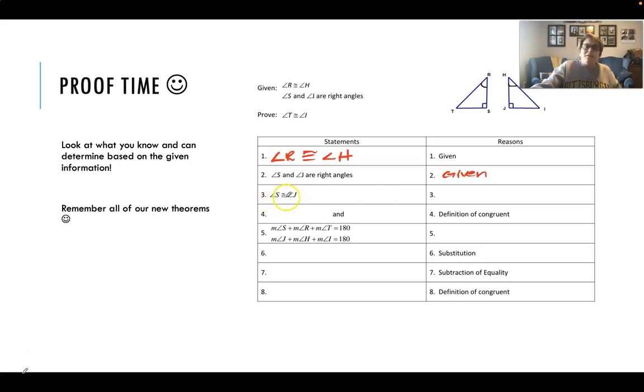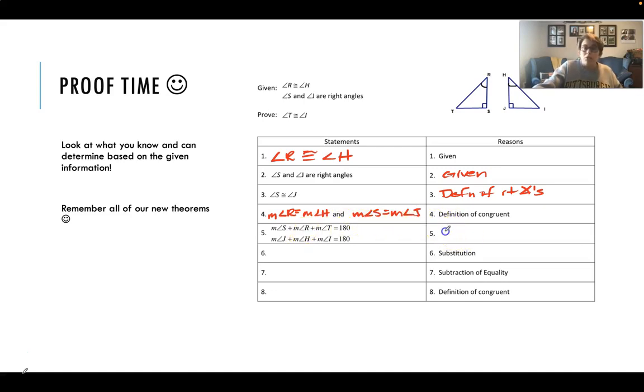Now they said angle S is congruent to angle J. Well, we've only identified that they're right angles, and that's just the definition of right angles. And then for the definition of congruent, well, if we know that we have these two sets of congruent angles, then we know the measure of angle R is equal to the measure of angle H. We also know that the measure of angle S is equal to the measure of angle J. That's what's true about any congruent angles.